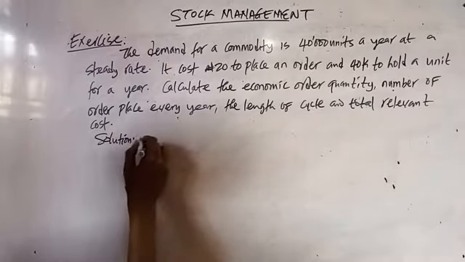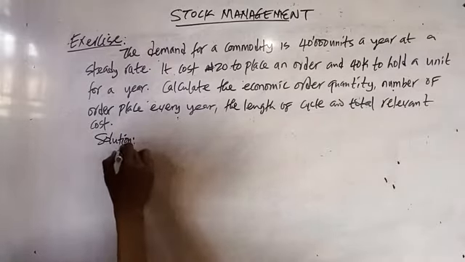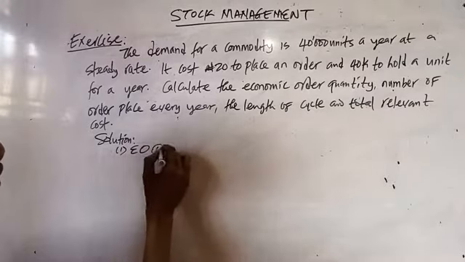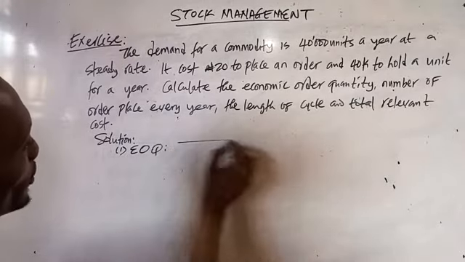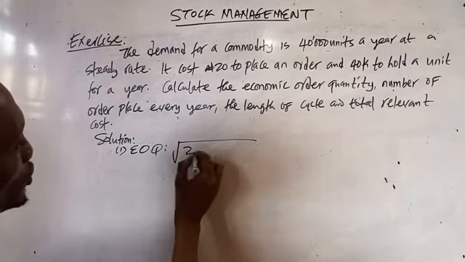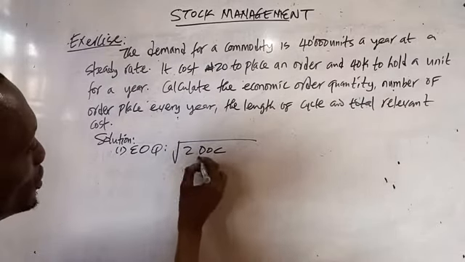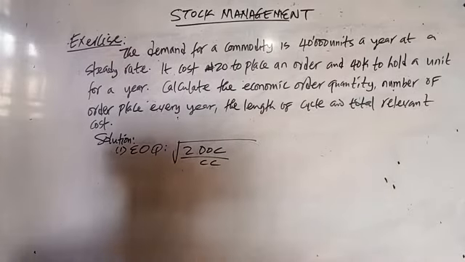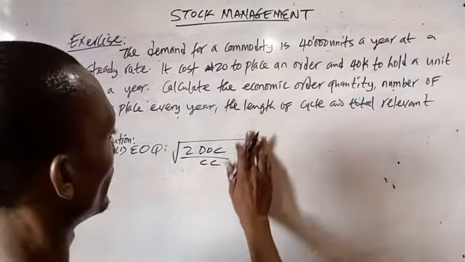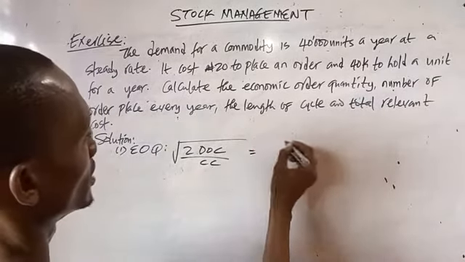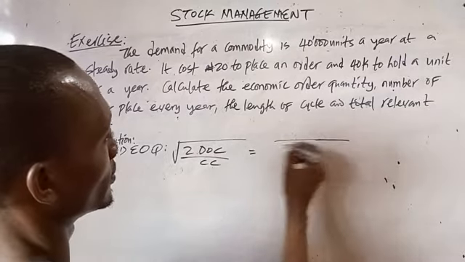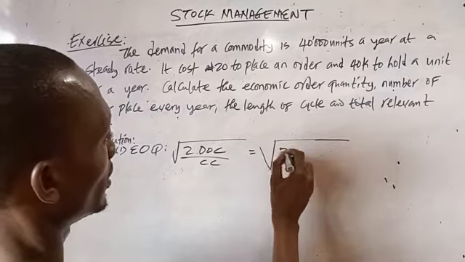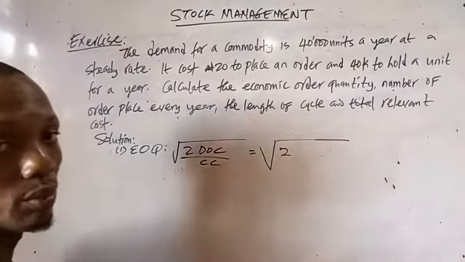One, you should calculate what? EOQ. I gave the formula that day to be the square root of 2DO over CC. So by that, 2 is a constant, where D is the annual demand.